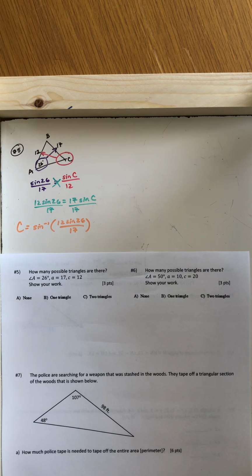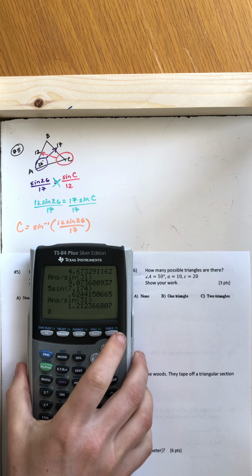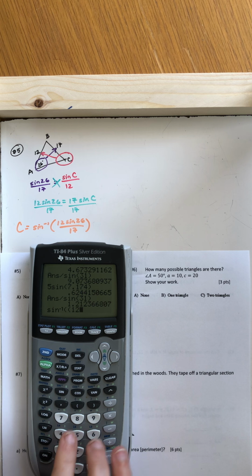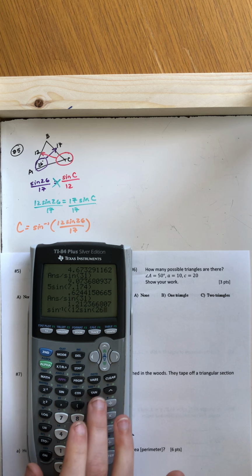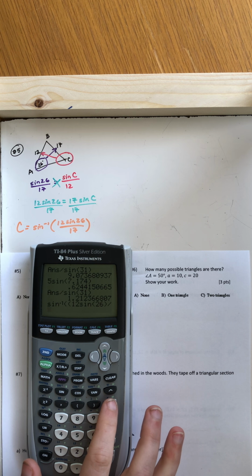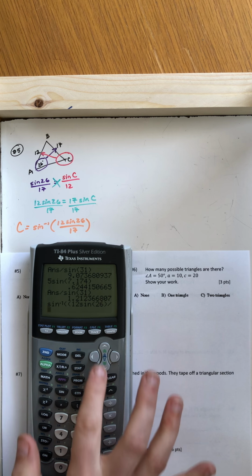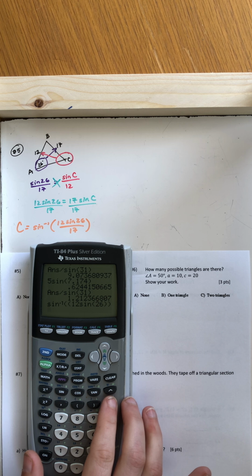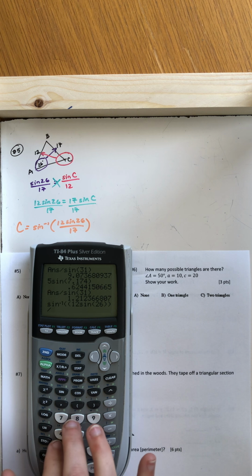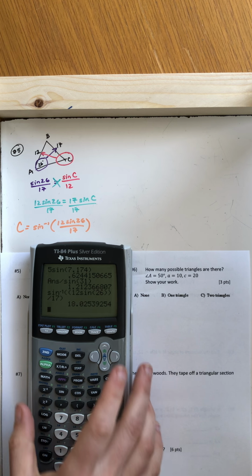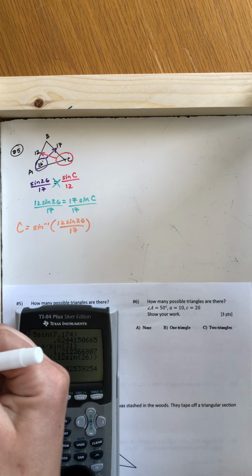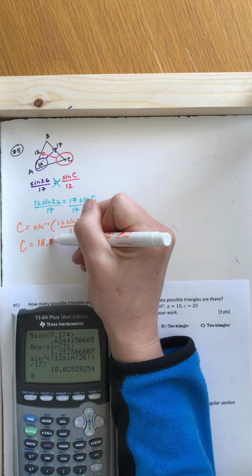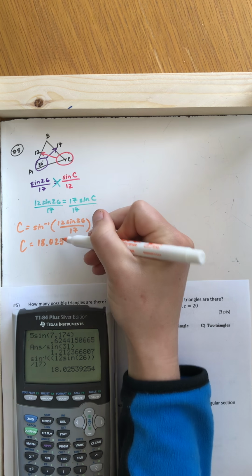And inverse sine of all that is going to tell me what angle C is. It is 18, so angle C is 18.025 degrees.